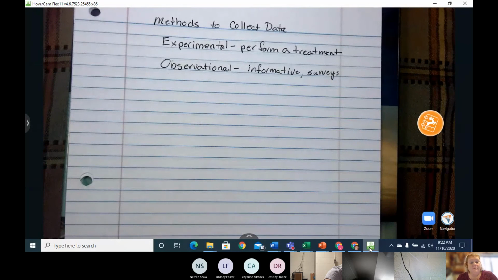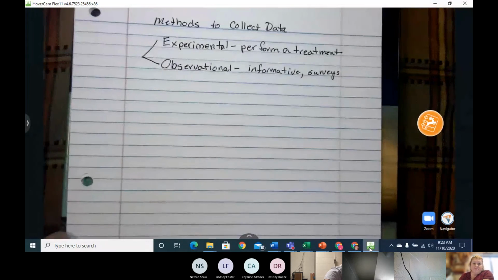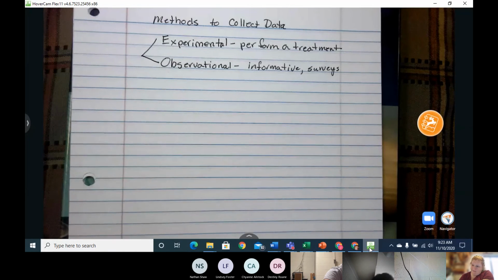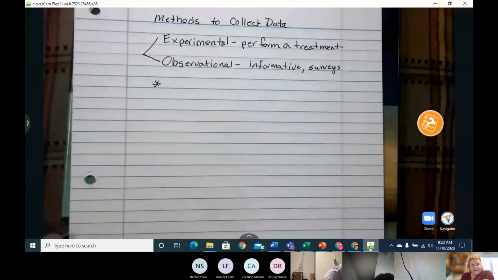Observational means that you might go out and observe and watch and count and record. You might do a survey. So these are the two main types of methods to collect data, either doing some kind of experimental treatment or doing an observational technique. And then, of course, there's always some kind of exception to that.